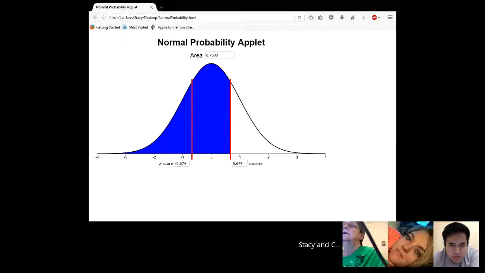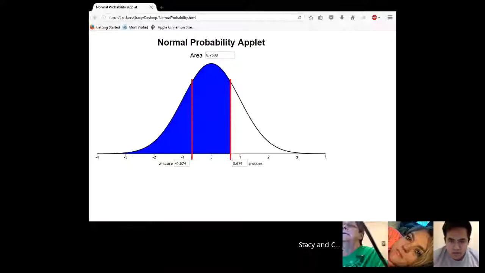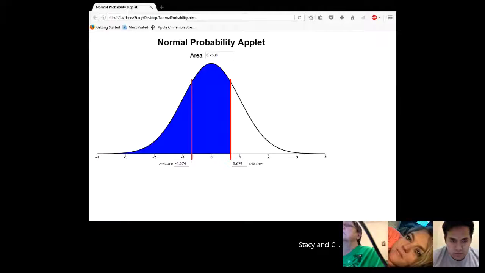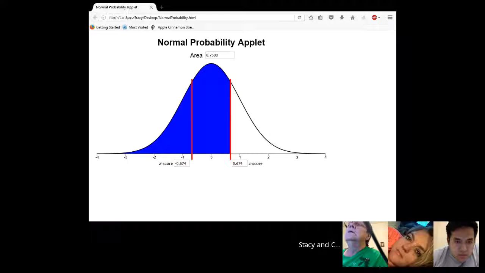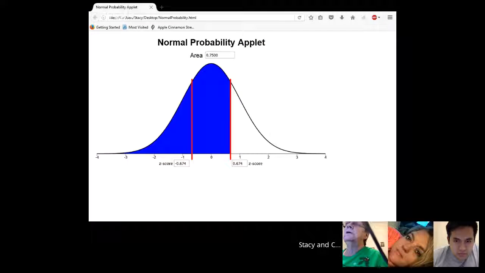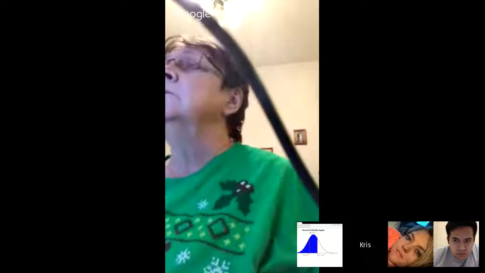According to the empirical rule, 68% will be within 1 standard deviation, 95% would be within 2, and 99.7% would be within 3. Do we have to answer that as a decimal or as a percentage?